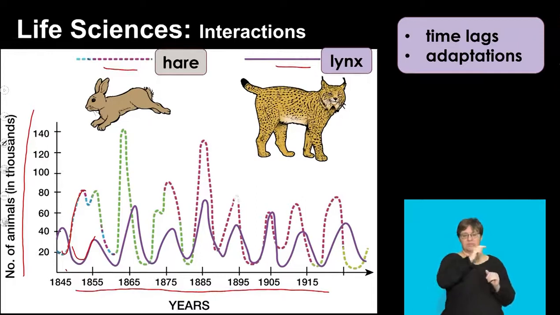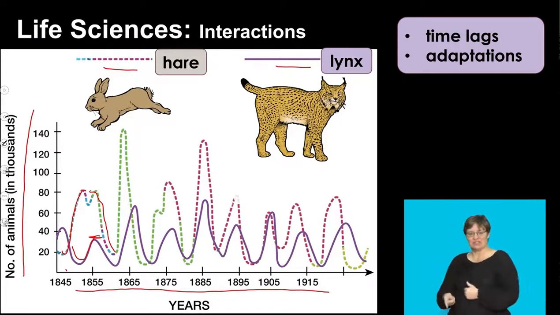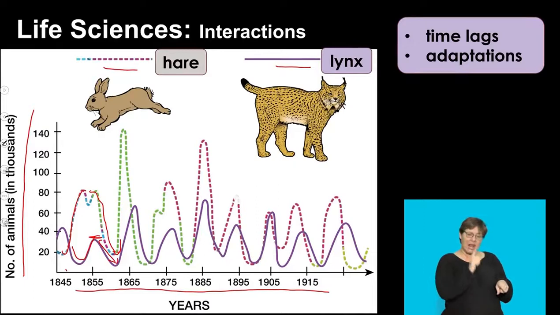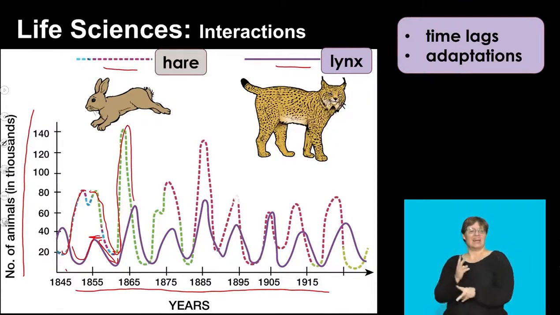But then we start to see something interesting happening to the hare population. It drops. Why? Because the lynx population is becoming too large. In other words, there are too many predators and not enough prey. After a while, our predator population drops and our prey population skyrockets, because no predators, free for all.